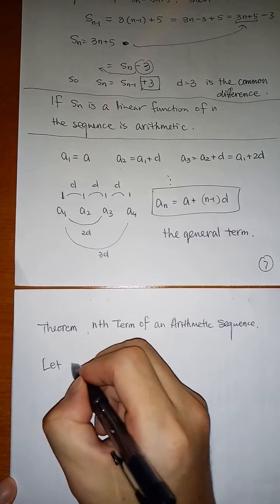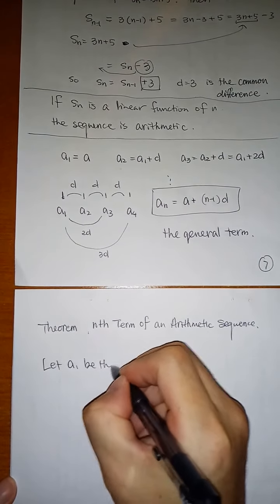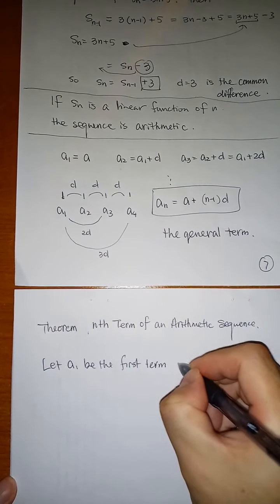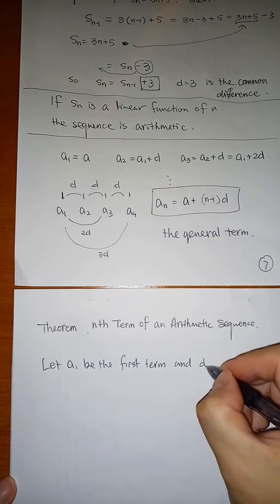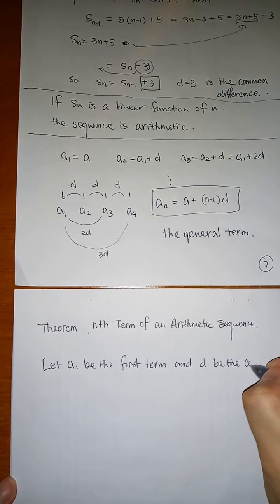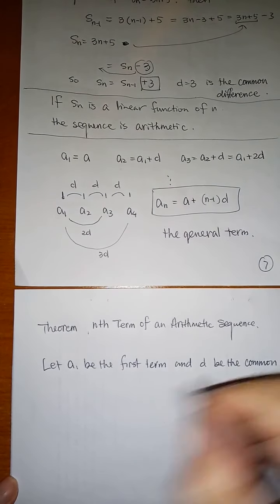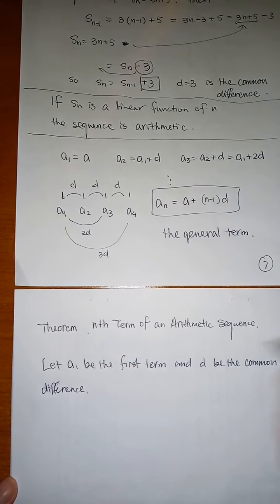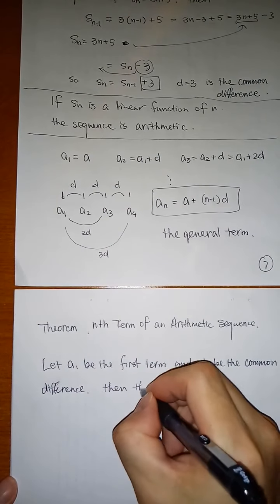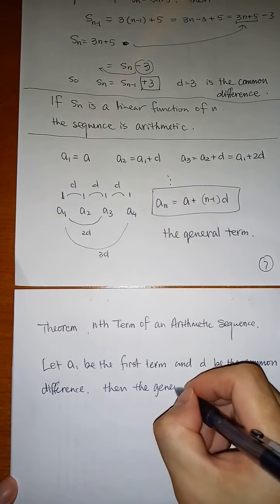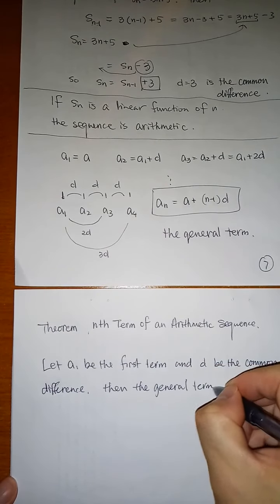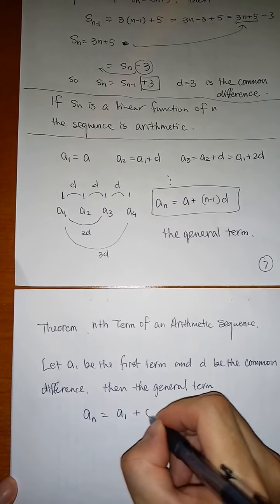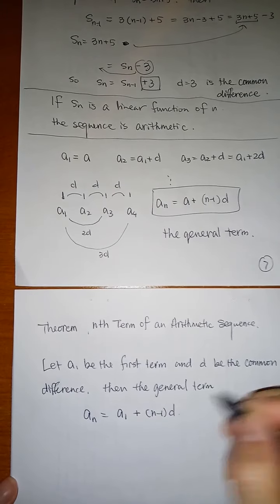Let A1 be the first term and D be the common difference. Then the general term An is equal to A1 plus n minus 1 times D.